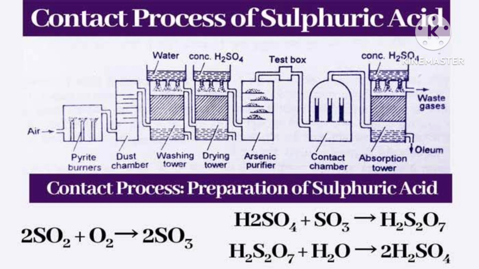Then 2MX plus H2SO4 gives 2HX plus M2SO4, where X may be fluoride ion, chloride ion, nitrate ion, etc., and M is the metal.